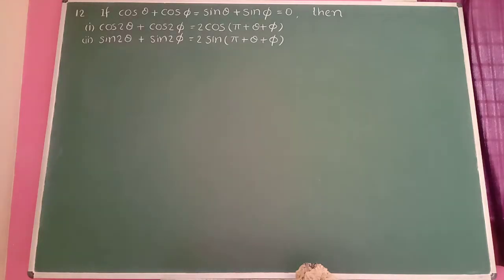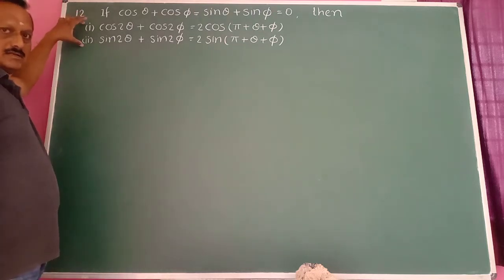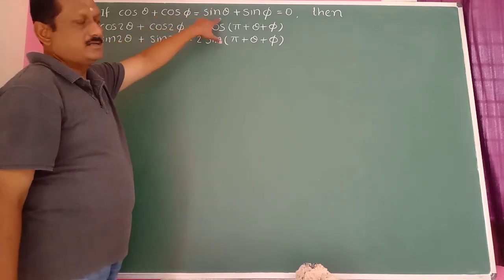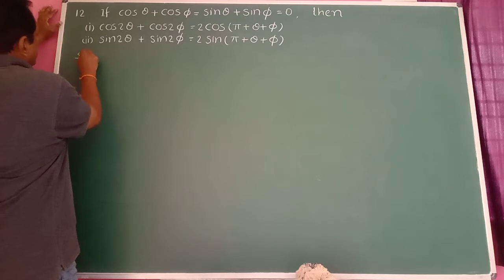Just like the previous result, we have to prove these two results using cos theta plus cos phi is equal to 0, sin theta plus sin phi is equal to 0. Okay, take a solution here.